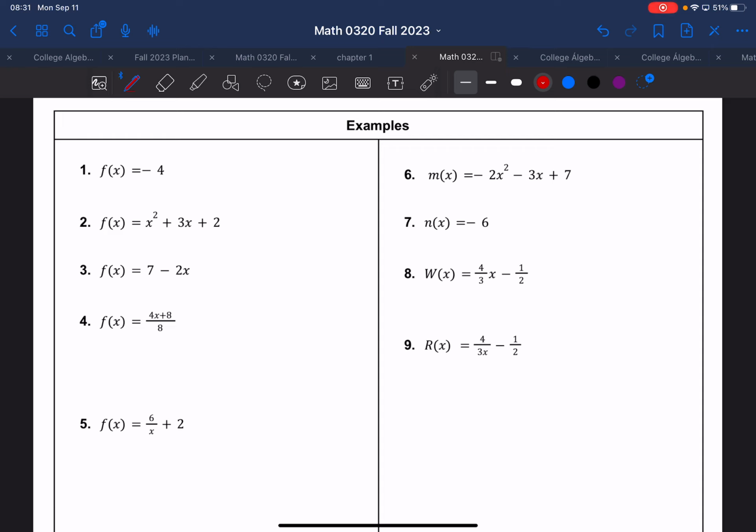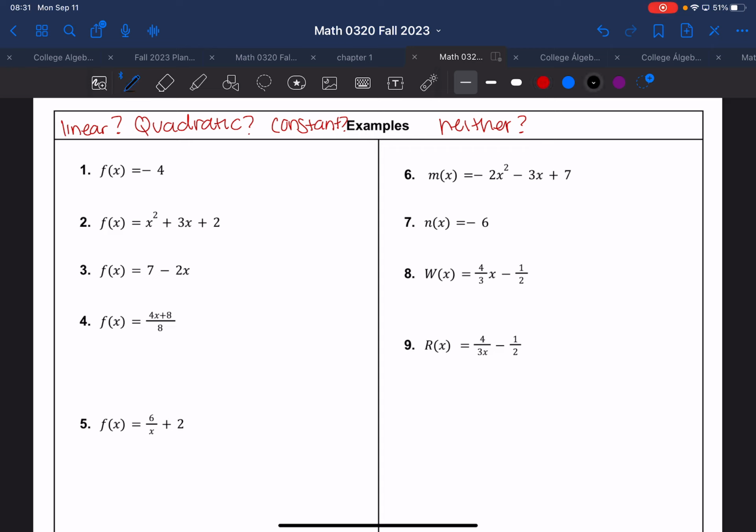So on these examples, I want you to tell me if they are, and I forgot to write that instruction here, so are they linear, quadratic, constant, or neither? Okay, so they're 1 through 9. They're either linear, quadratic, constant, or none of the above.